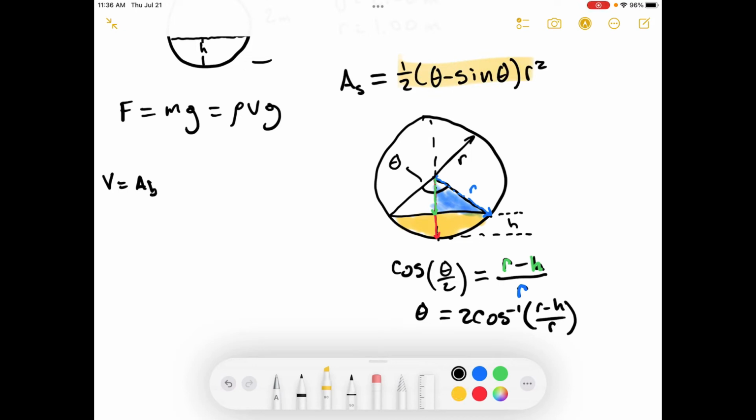The area of the base times the length, which is L. So that equals 1/2 (theta minus sine theta) r squared L.